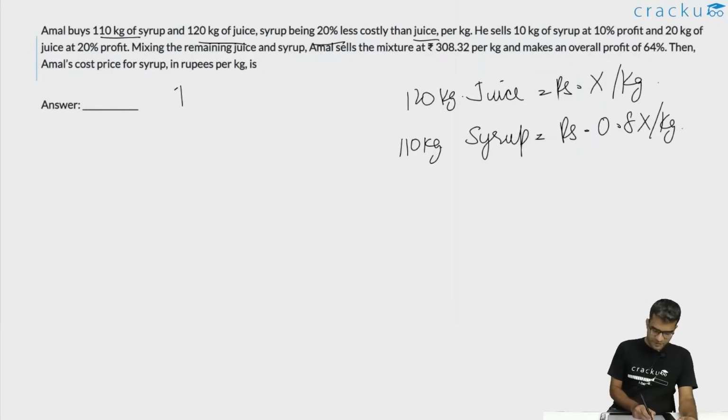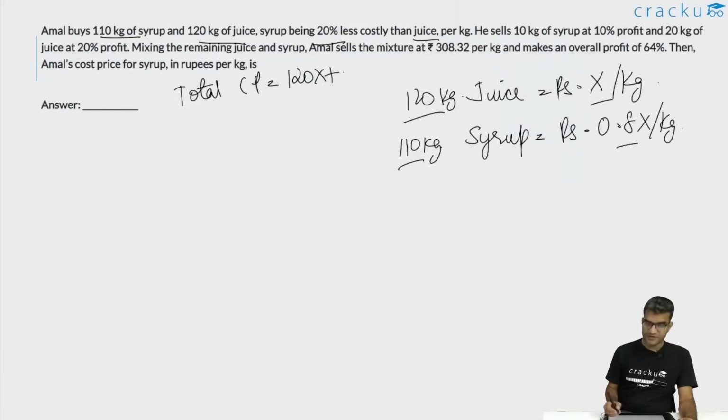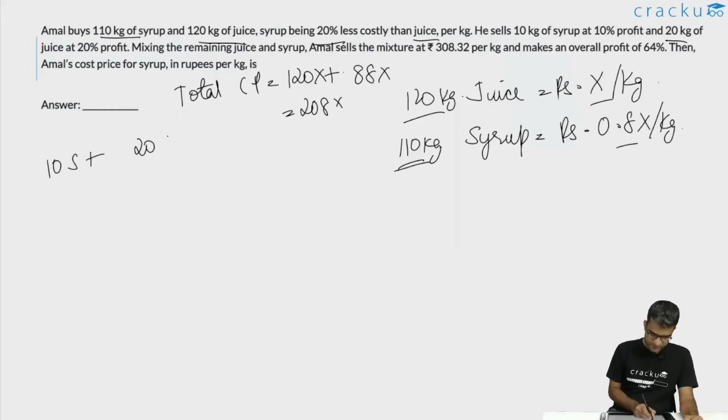So the total cost price of this mixture will be equal to 120x plus 110 into 0.8, which is 88x, which is equal to 208x. This is the total cost price. And what is the total selling price? He sold 10 kgs of the syrup and he sold 20 kgs of the juice.